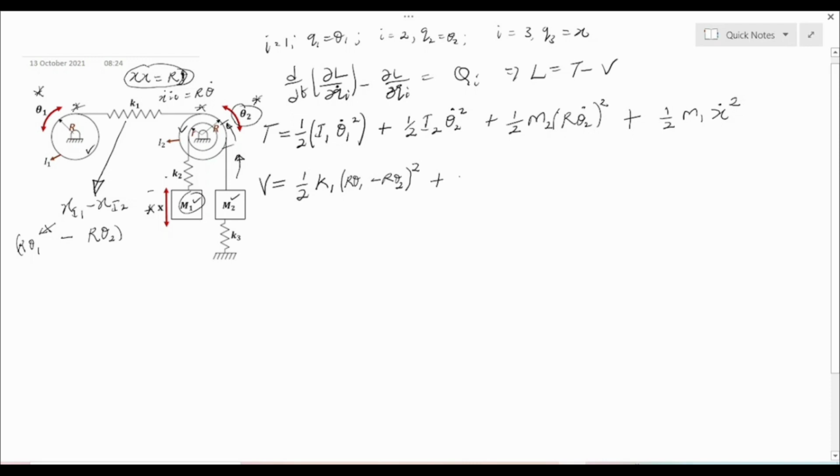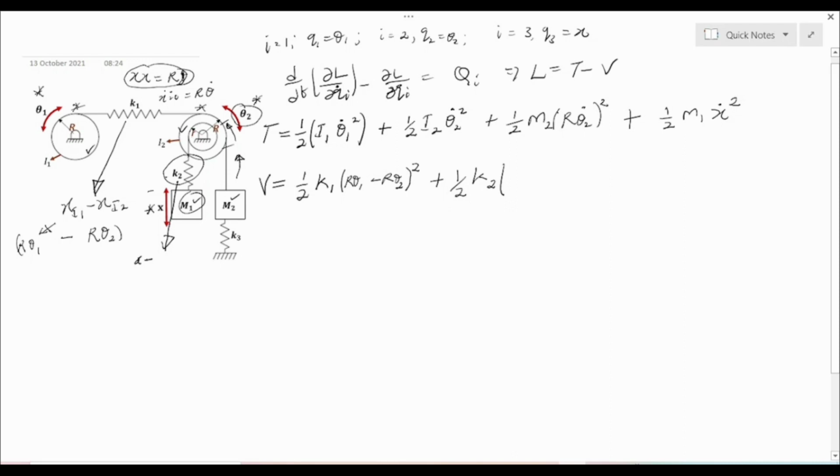Then if we look at spring K2, the potential energy in spring K2 is half K2 multiplied by the displacement at every point in time of spring K2. In this case, spring K2 will be affected by the displacement x and also the displacement as a result of pulley I2.